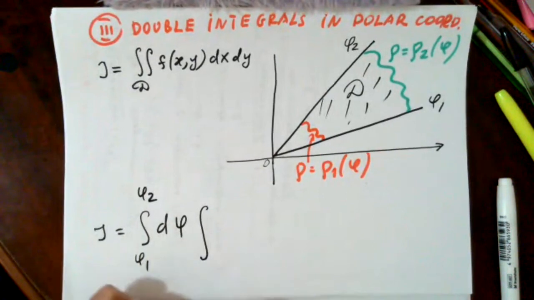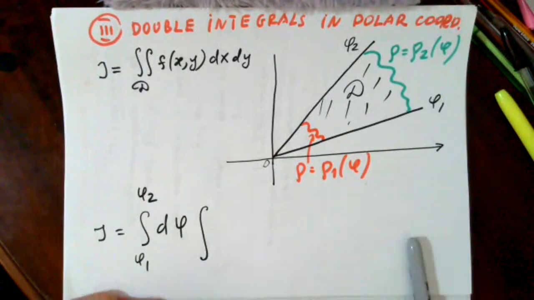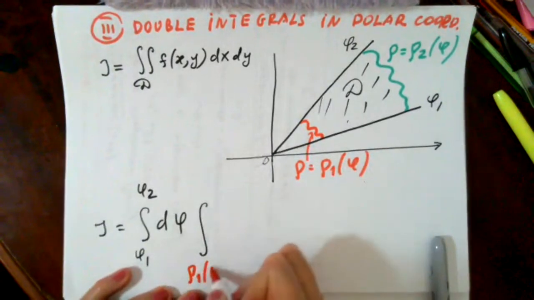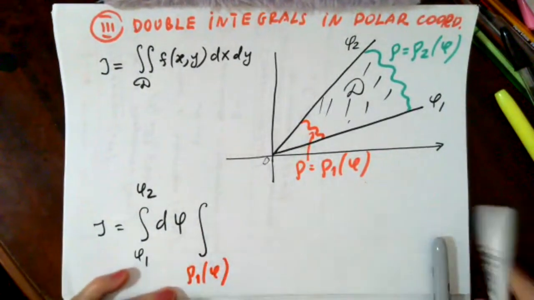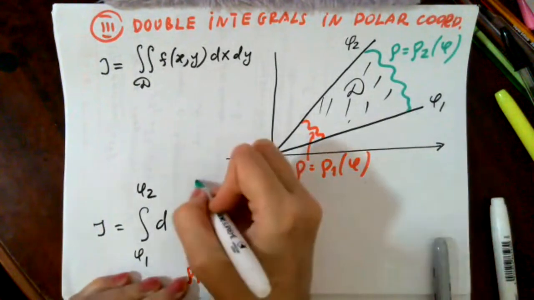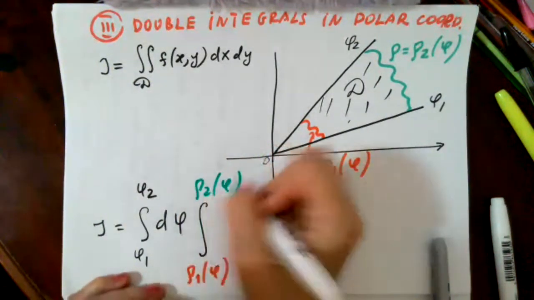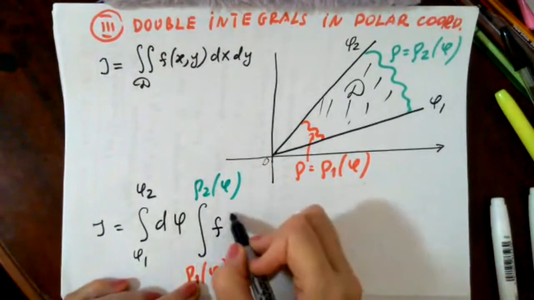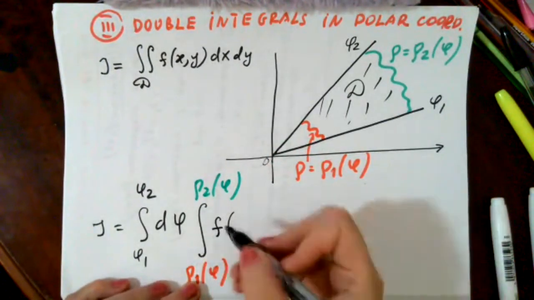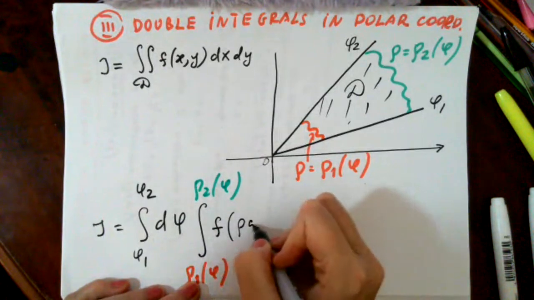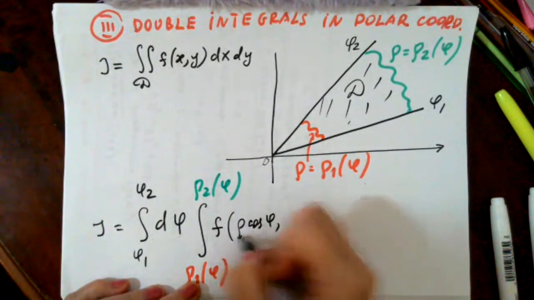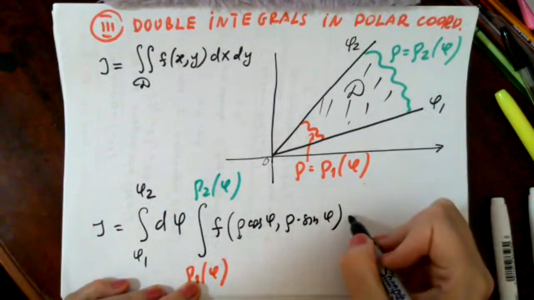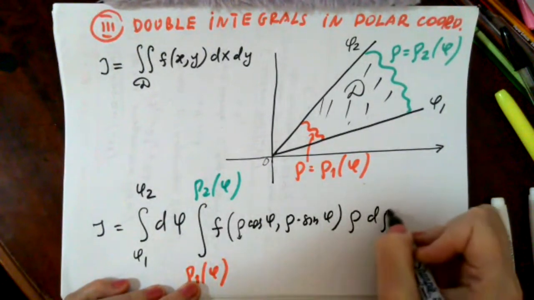Next, your limits of integration go from the smallest limit, which is the closest boundary, to the equation of the farthest boundary, which is in green. That's almost it. Here I'm going to write quite a daunting expression, but let's write it first and then discuss it: rho times cosine of phi and rho times sine of phi. Then r dr, and that's it.